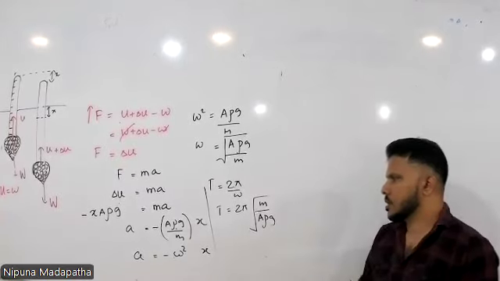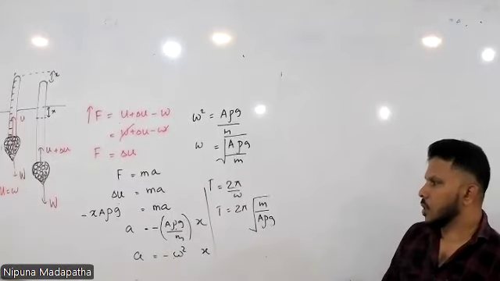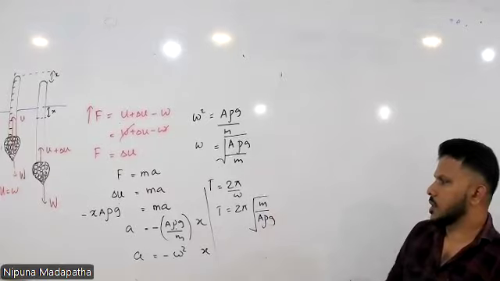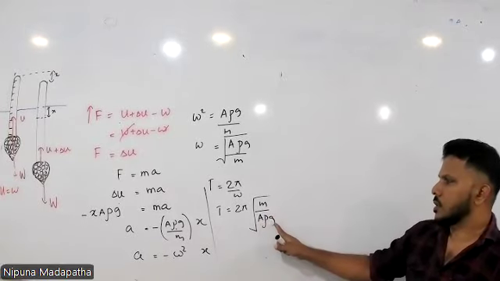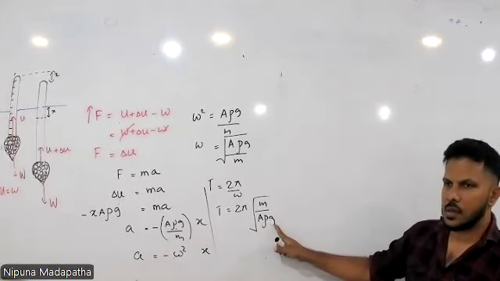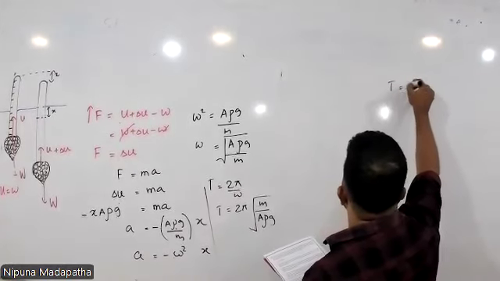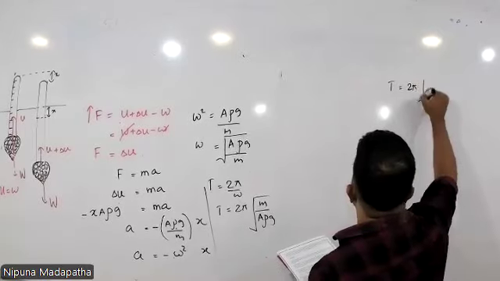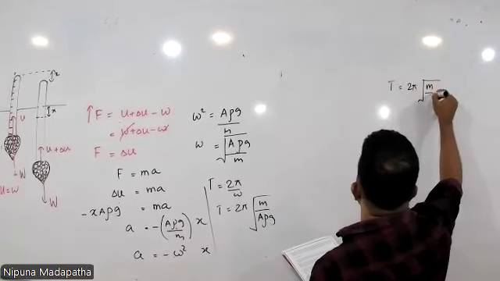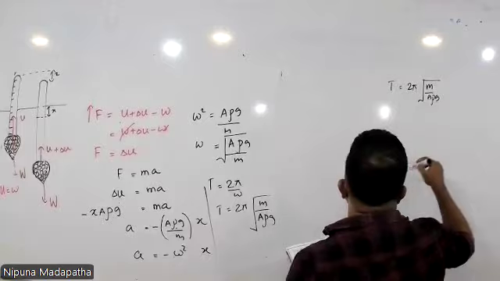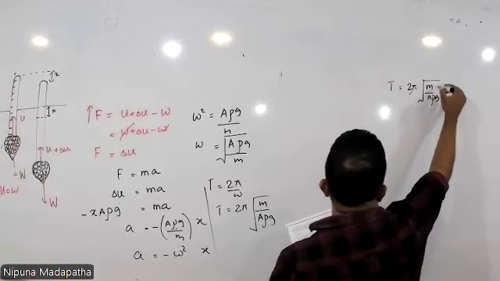For both occasions, in coconut oil and in water, the mass of the hydrometer, cross-section area and gravity are constant. So T equals 2 pi square root of m over a rho g. 2 pi is a constant.